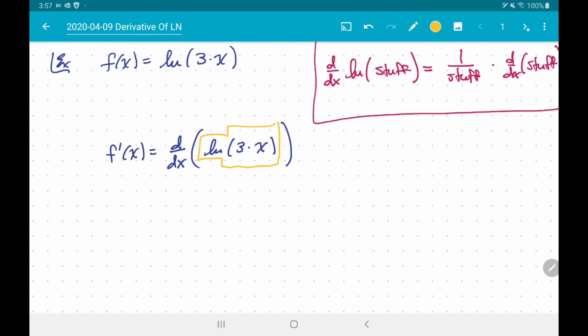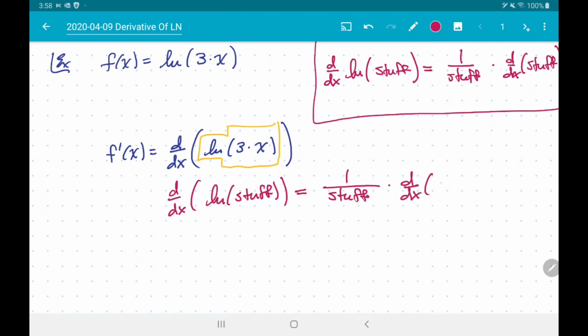If I want to match this up against the rule for the derivative of ln, I've got derivative of ln of stuff is reciprocal of stuff, so 1 over the stuff, times the derivative of the stuff. So the stuff matches up with 3 times x.